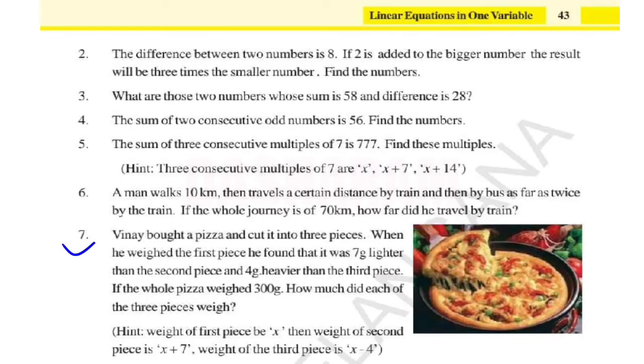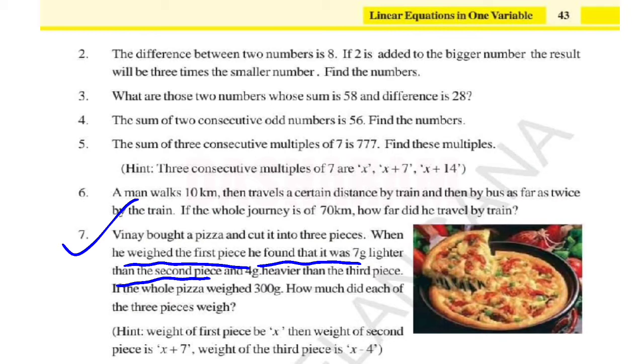Next is seventh question. Vinay bought a pizza. Children, do you like pizza? Of course. He cut it into three pieces. When he weighed the first piece, he found that it is 7 grams lighter than the second piece.